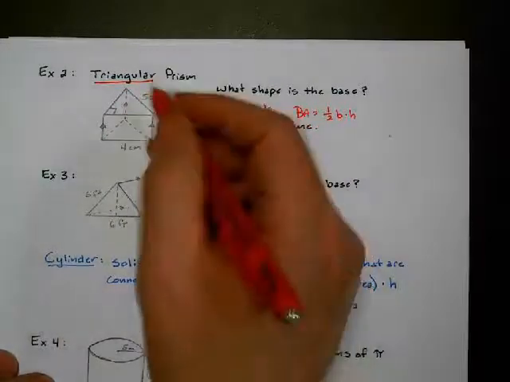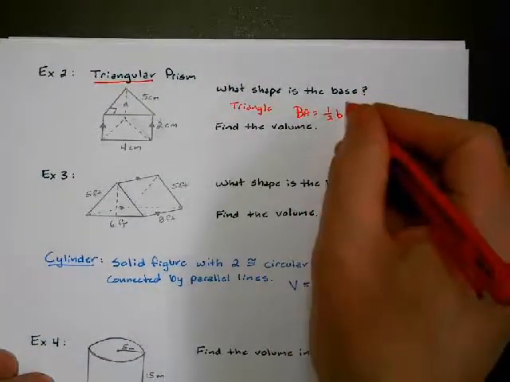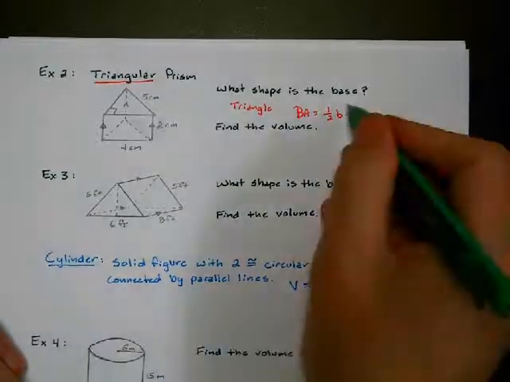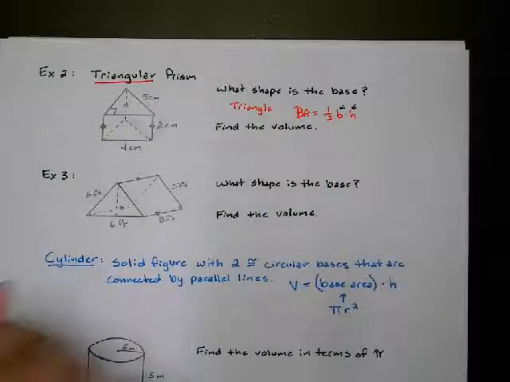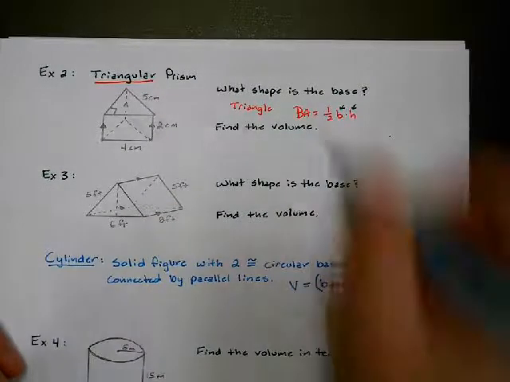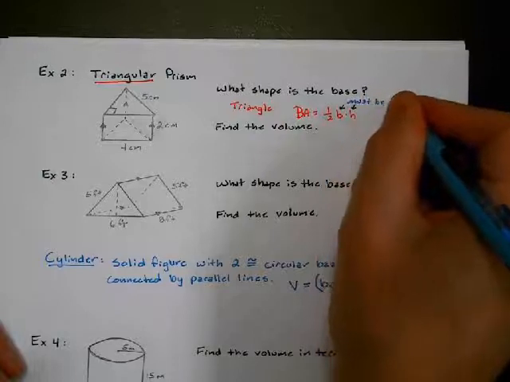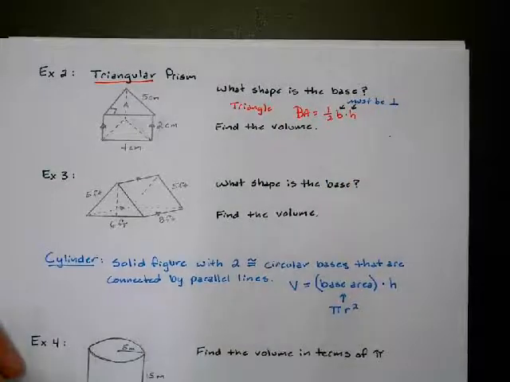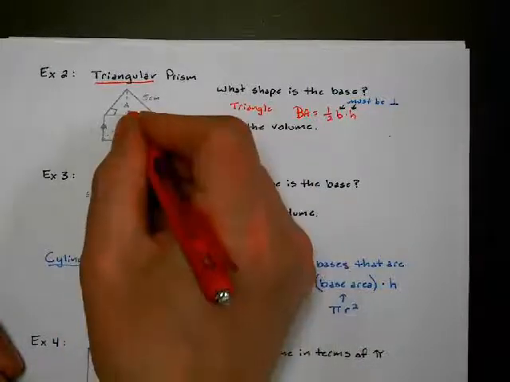So when we find the area, the base times the height, these two things here, this and this, must be perpendicular. Okay, so I know since this number here is 4, that means this part up here is also 4.